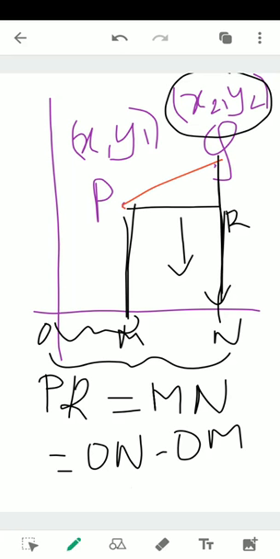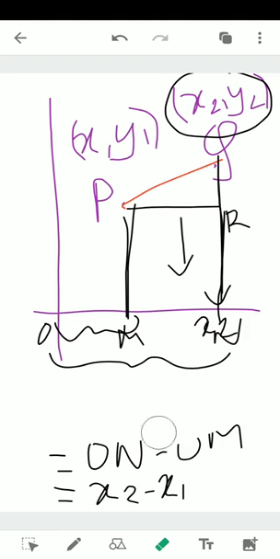So I can write this as x2, and similarly OM is x1. So I have found the value of PR. Please keep at the back of your mind that PR we got as x2 minus x1.